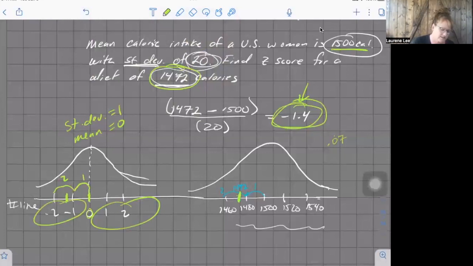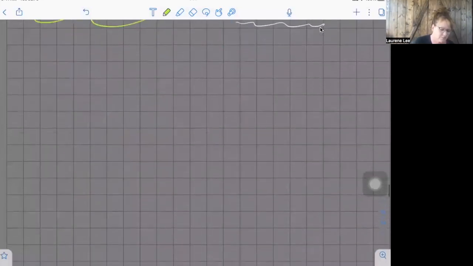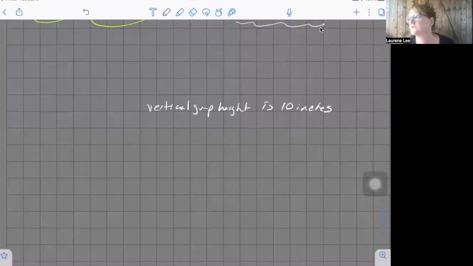So let's do a different scenario as an example. If I tell you that my blood pressure, well, I don't even know typical scores for blood pressure. Let's say if I tell you that my vertical jump height is 10 inches. Okay, that's wishful thinking, but let's say it is. I don't know what it is, but it's probably not that.